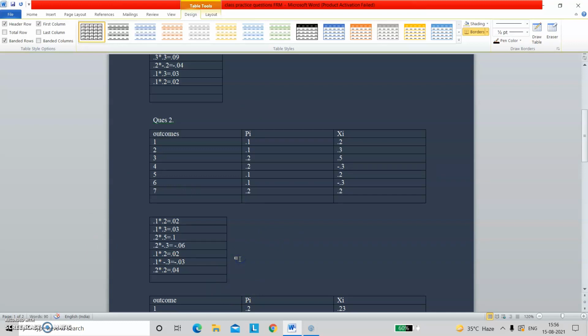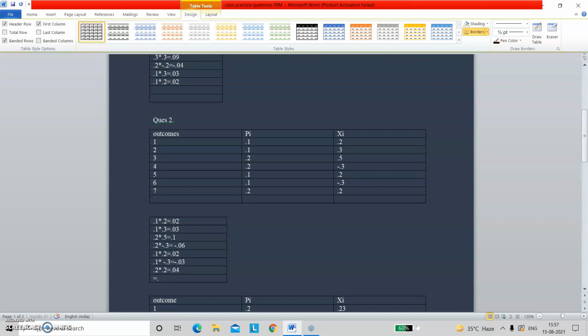That is 1, 2, 3, 4, 5, 6, 7. For 7 outcomes we have found the individual expected return. Now I have to find the expected return for the whole security, the average expected return. I am going to sum it over all these 7 variables, right?